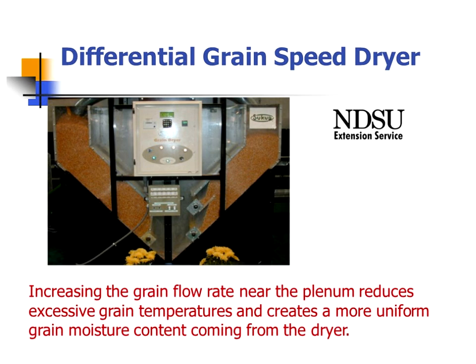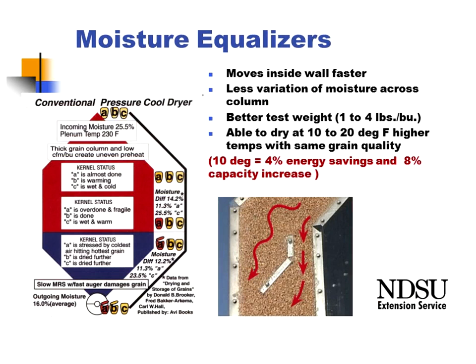And so again, we're blending and mixing the corn together to get more uniform moisture contents. This is again from another company where they use a diverter in that grain column, so the corn on the inside moves more quickly or faster than corn on the outside.